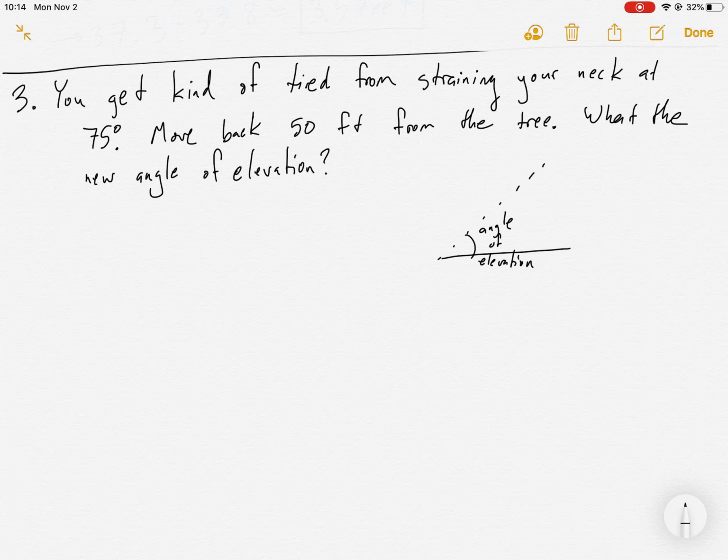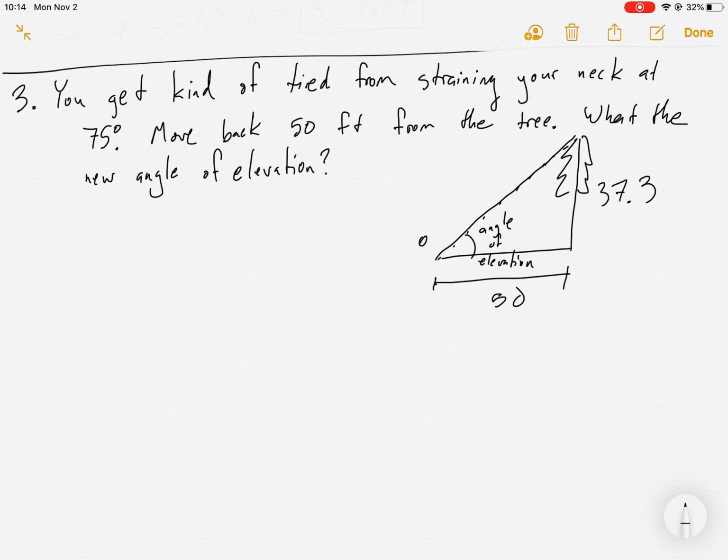And so I can just complete this picture here. So this is my tree. It hasn't changed height, it's still 37.3, but this distance is now 50. So the question is, what is this angle?